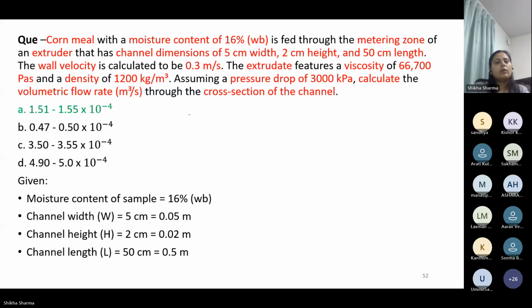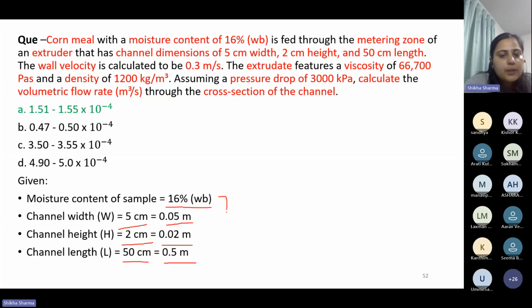Since the moisture content of the sample is 16% wet basis, channel width is 5 centimeter, which is 0.05 meter, channel height is 2 centimeter, which we convert into meter as 0.02 meter, and 50 centimeter is 0.5 meter length.